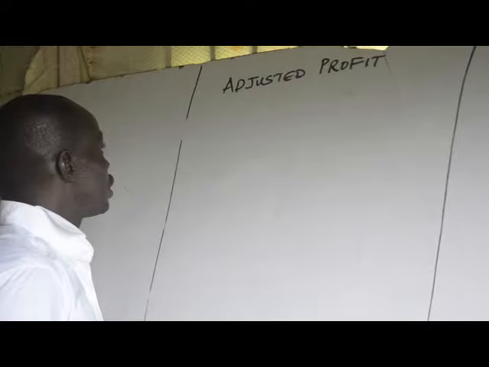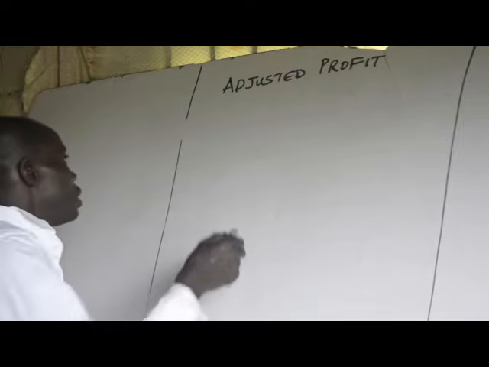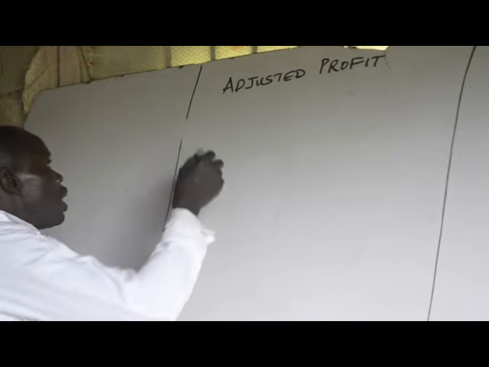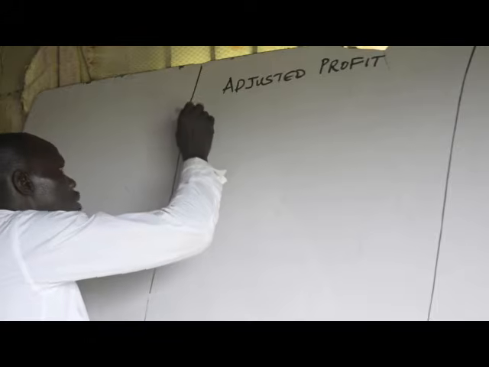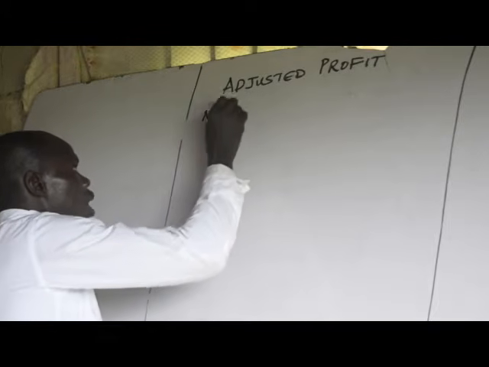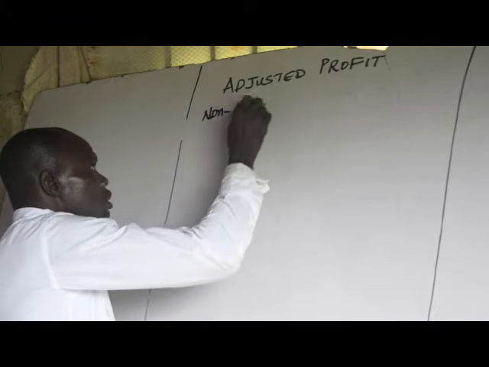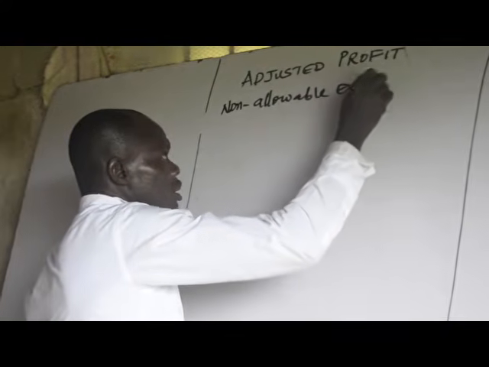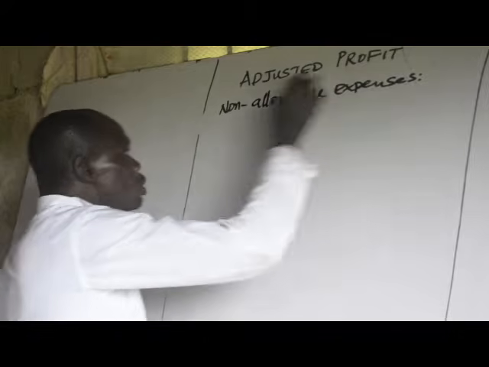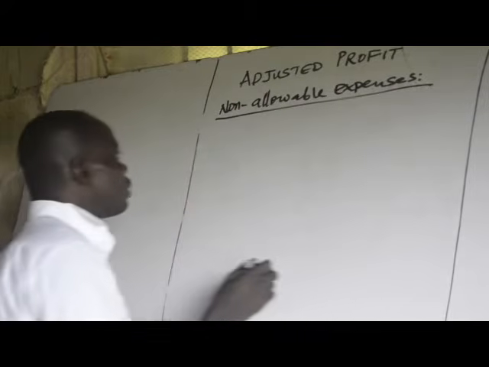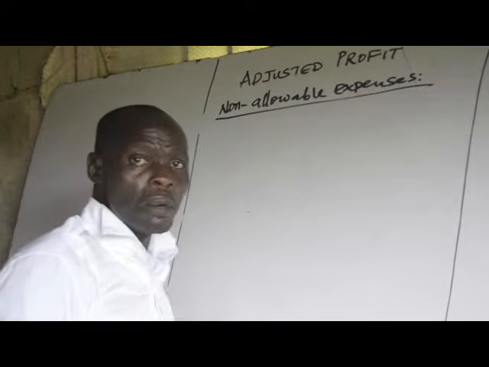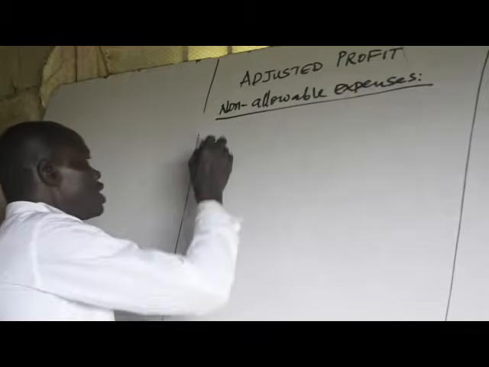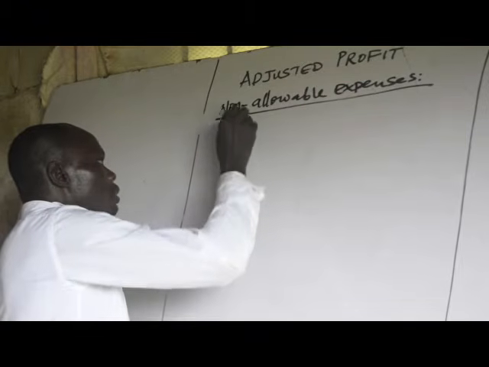Before I take a worked example, I would like to consider the list of non-allowable expenses. I want you to know that for expenses to be allowable for tax purpose, they have to obey the WREN principle.